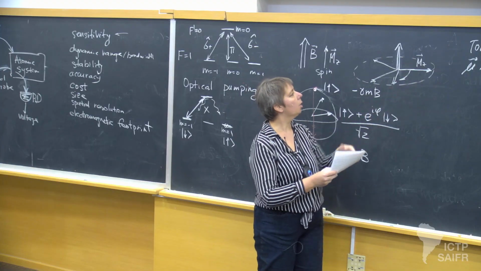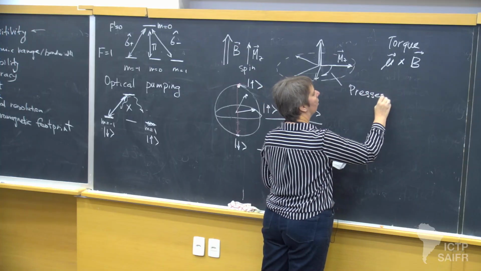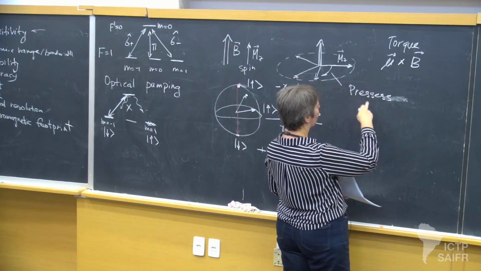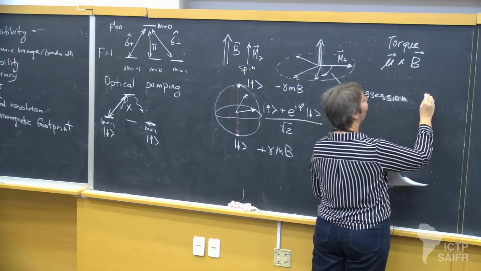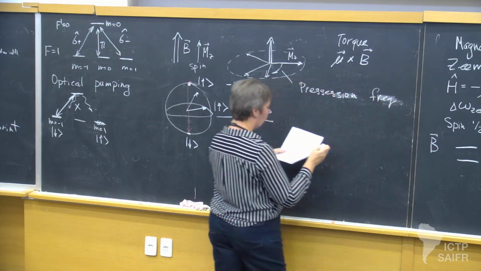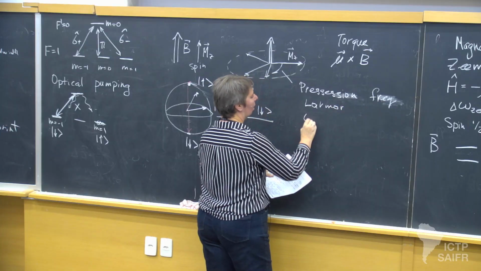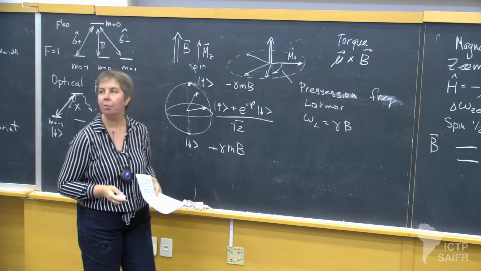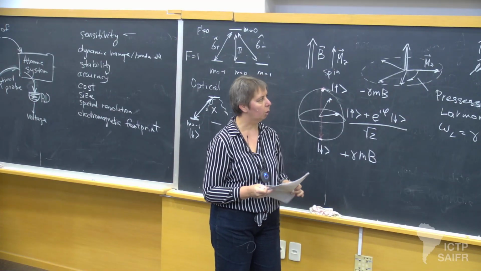Because you can see that the speed of the precession, the frequency, is known as the Larmor frequency. And this is, of course, going to be gamma times magnetic field. So if we actually measure the changes of this, we will know what is going on.